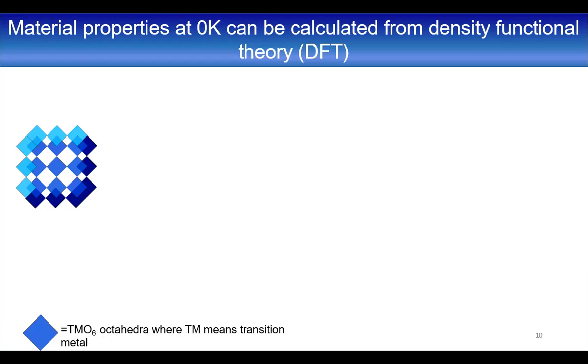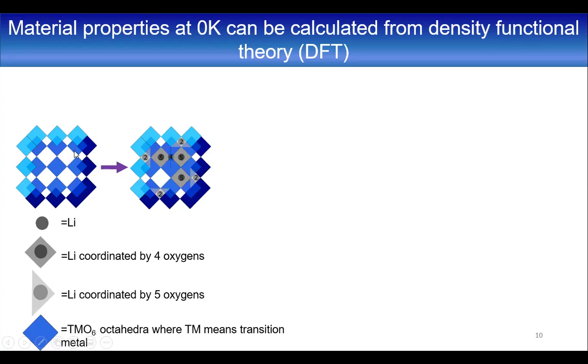making this weird thing that I'm going to describe in more detail later. And so if I take my base structure and I put lithium at different stable sites in the structure, this is a particular lithium vacancy ordering where I occupy, in this case, half of the available lithium sites with lithium.